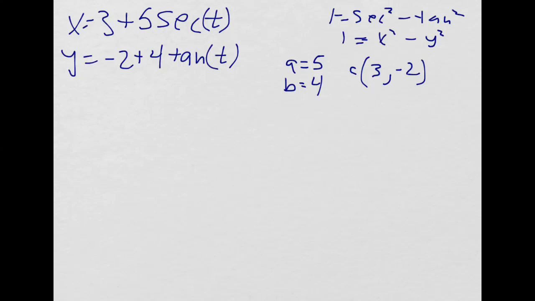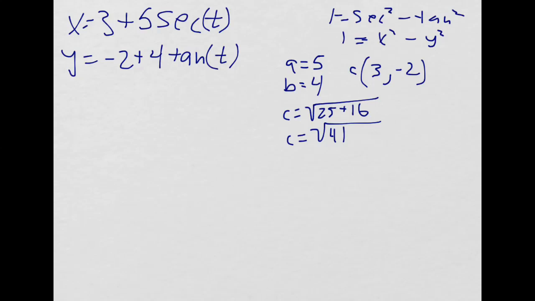And so I can figure out c, since this is a hyperbola. I know c is equal to the square root of 25 plus 16, which is the square root of 41, which is a nice, fun, ugly prime number.